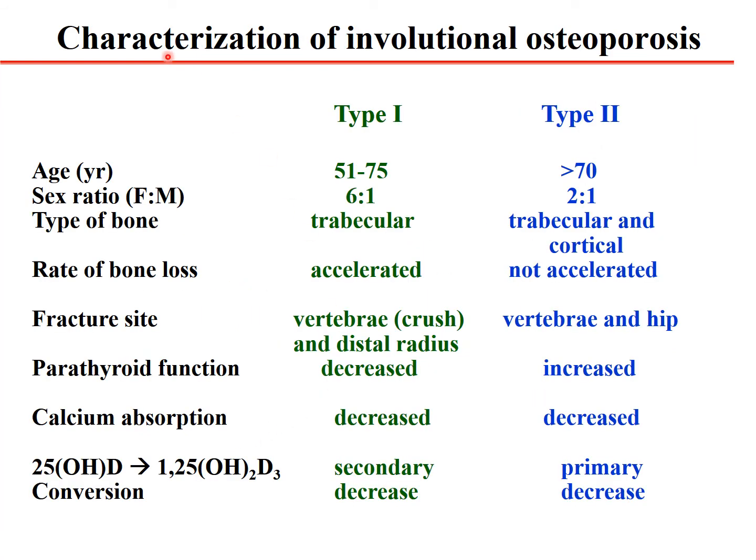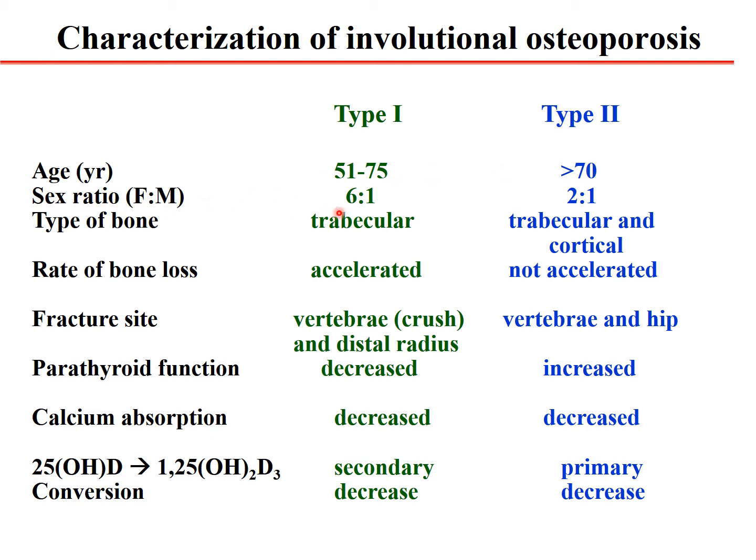Now, let's compare the characterization and evolution of the postmenopausal and the senile types of osteoporosis. Type 1 is the postmenopausal one, and type 2 is the senile form of osteoporosis. Usually, type 1, the postmenopausal, occurs right after menopause, while type 2 occurs mostly over 70.